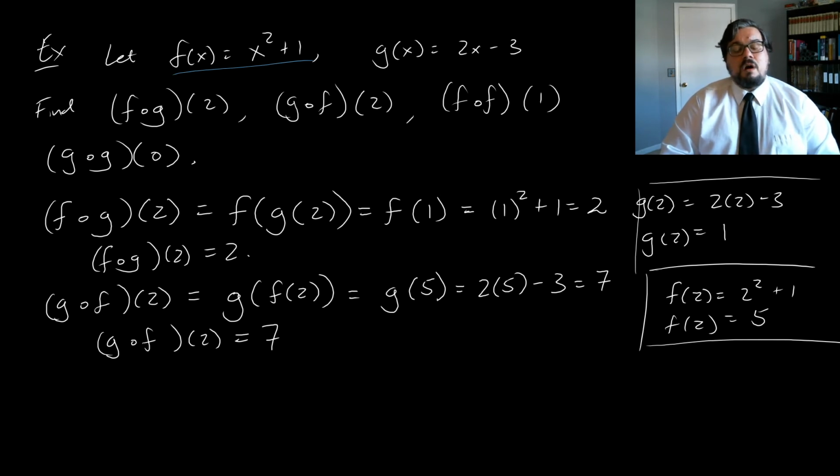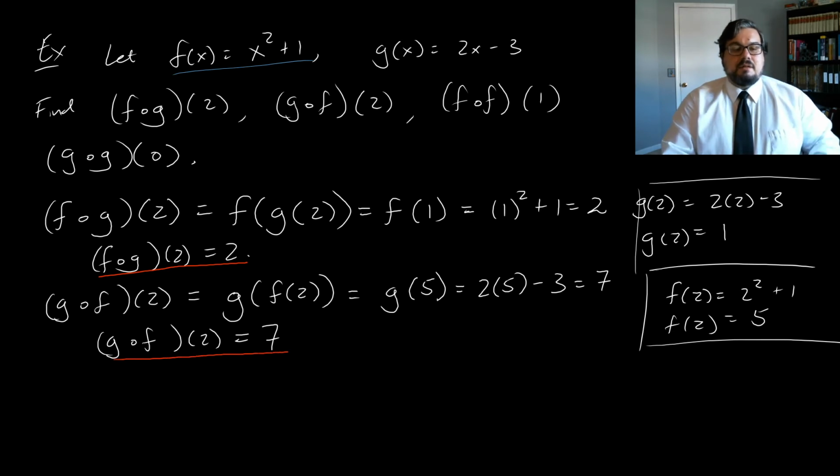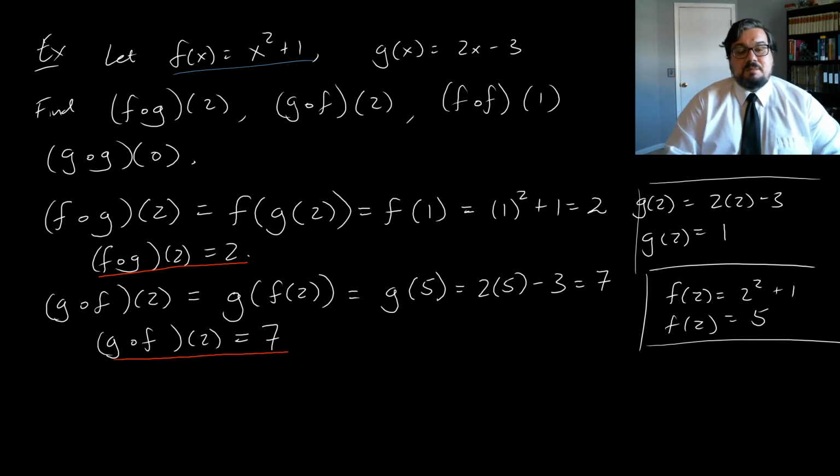Now, before we go on, I want to point out something very important. The first example we did was f composed with g, evaluated at 2. When the input to that function was 2, the output was 2. Our second function was g composed with f of 2, which gives 7.